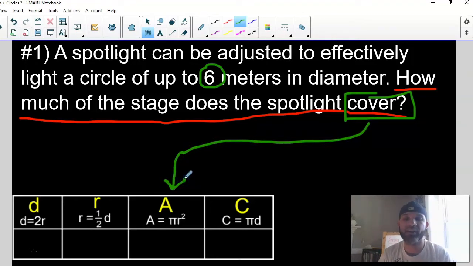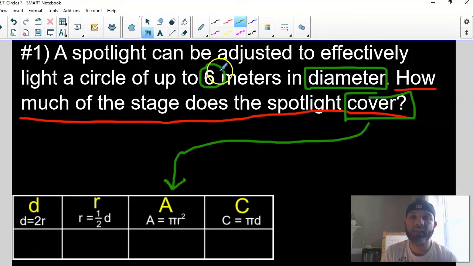That's where our answer is going to be, our area. And so we're going to have to figure out what the radius is. We don't have the radius just yet. We do have the diameter though, so that's pretty important as well.